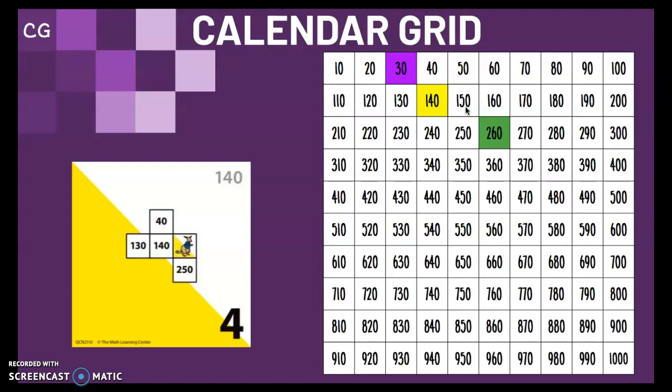So now if you look for coloring today, we're going to have to color this square half, and you want to color in the exact same half as shown on the card. So if you do that, it should look like this. Half of the square for 150 is colored diagonally. So go ahead and pause the video again and get that colored in. We're going to wrap up with filling in our observation chart as soon as you're finished.